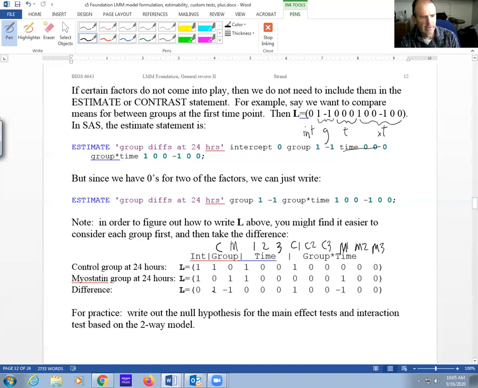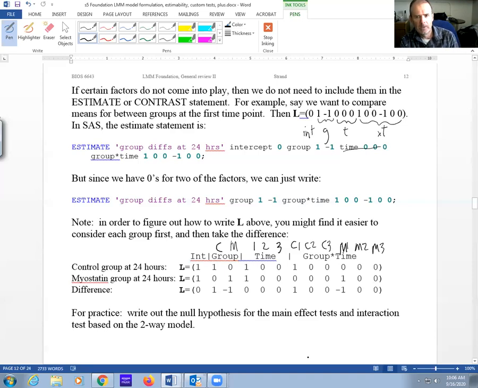And then you take the difference, and since the comparison is at 24 hours, and that's in common to both the groups, when we subtract those, that drops out. And that's why we end up with this L vector that looks like this, where we're 1 minus 1, so that allows us a comparison between groups, and then also in the interaction, we have the corresponding 1 and minus 1.